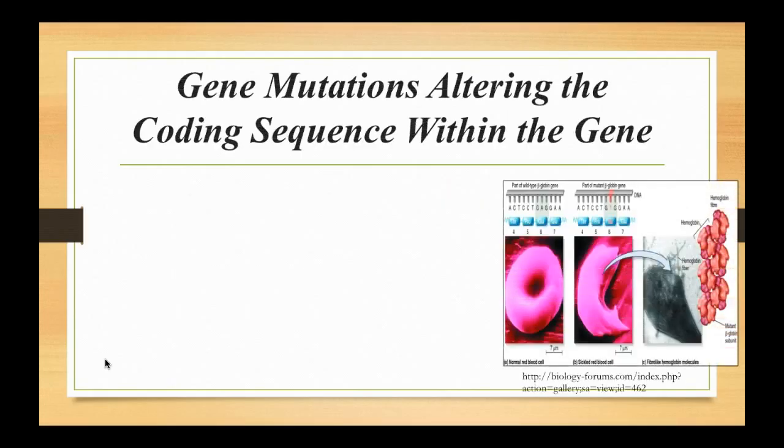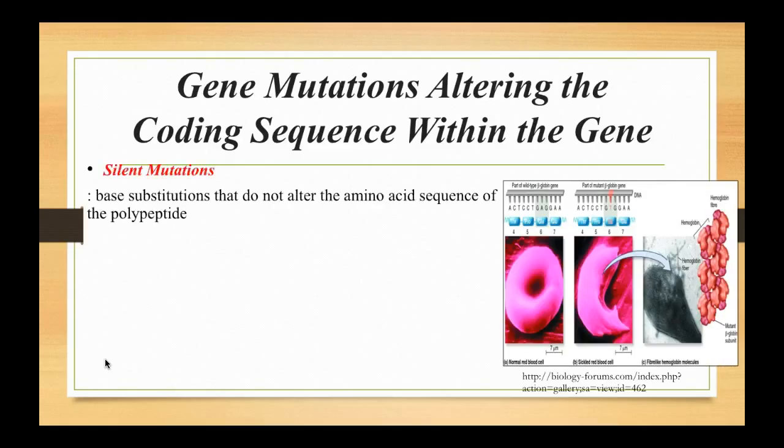So the first one is a silent mutation. It's a base substitution that does not alter the amino acid sequence of the polypeptide. It's due to the degeneracy of the genetic code, meaning one amino acid can be coded by multiple codons. For example, proline, one of the 20 amino acids, can be coded by CCU, CCA, CCG, and so on.